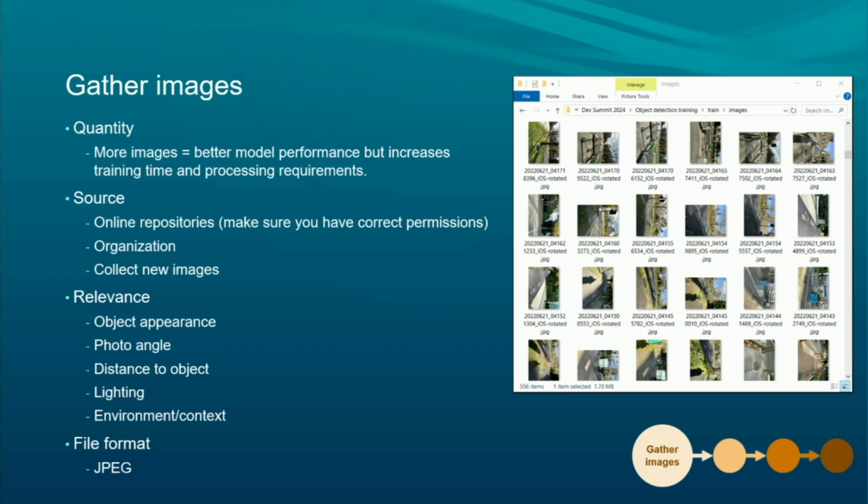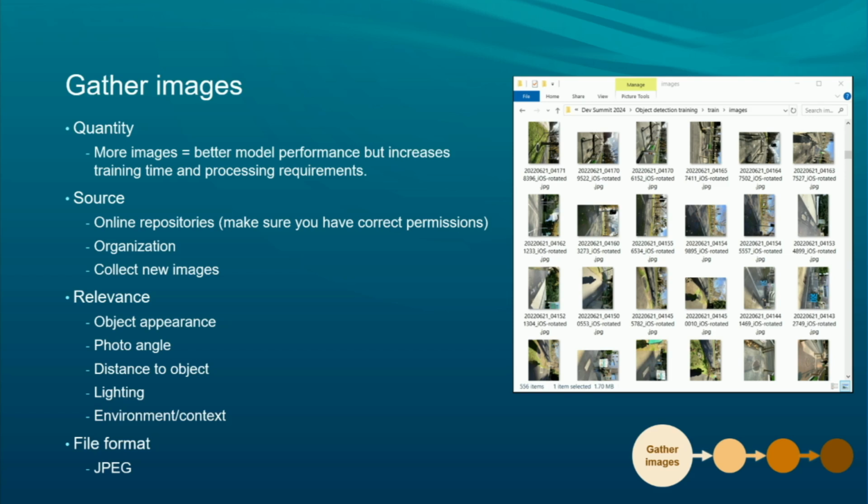There are a few sources for getting your image collection. There are multiple online repositories that offer image collections. Although if you go this route, you will want to double check the licensing and permissions to make sure you're using those images in a way that's permitted. Also, many organizations already have large collections of photos of a specific object.